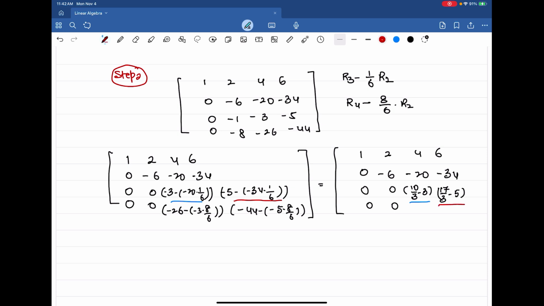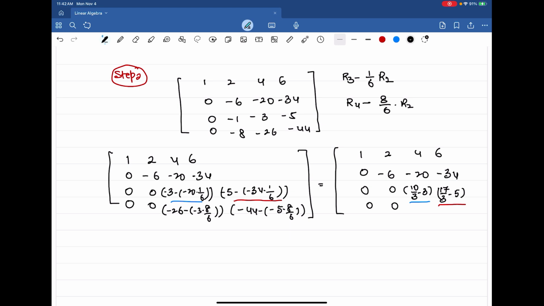This value. Now, next comes 26 minus 3 into 8 by 6. 8 by 6 is 4 by 3. 4 by 3 into 3 is 4. 4 minus 24 by 6. 8 by 6 into R2.